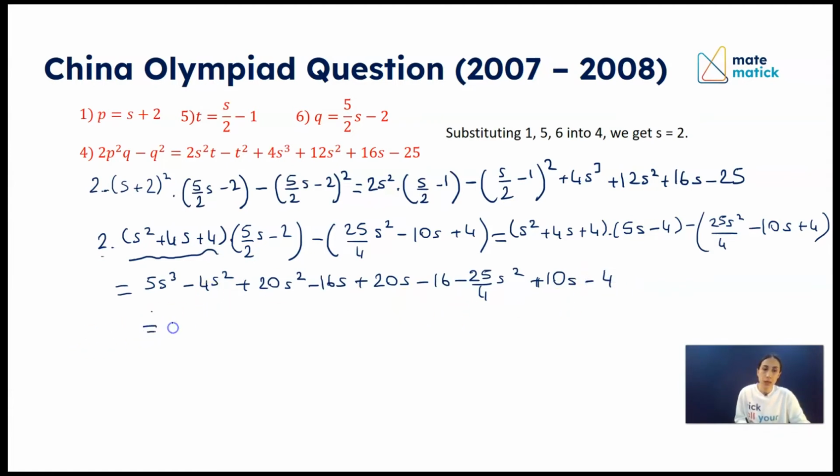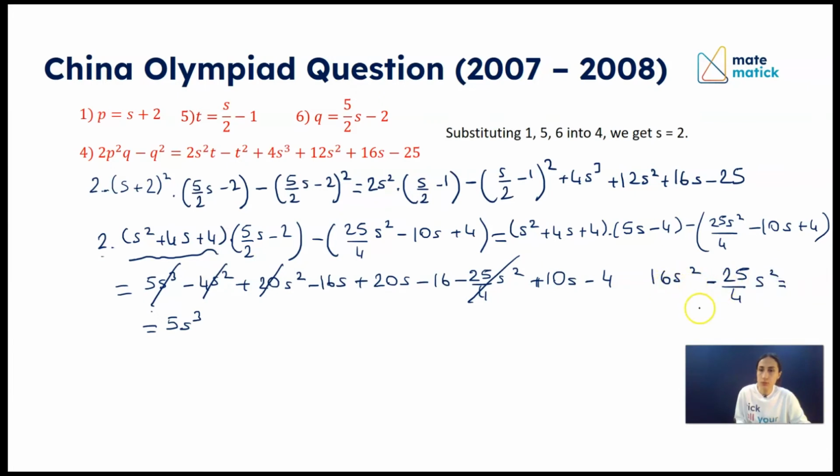So here we have 5S cubed. Now I have 4S squared, 20S squared, and 25 over 4 S squared. This is 20 plus 20 minus 4, so 16S squared minus 25 over 4.